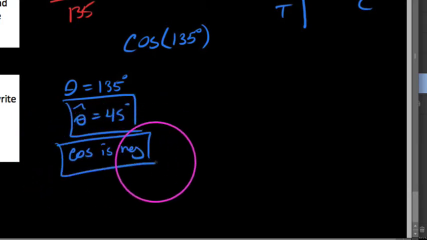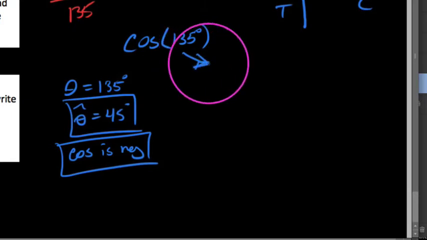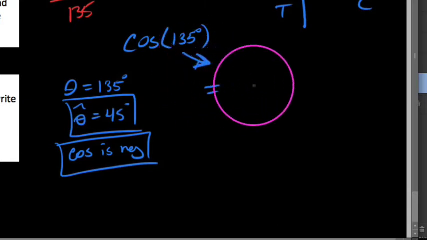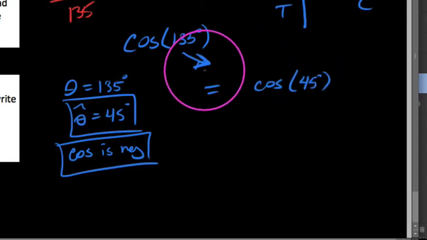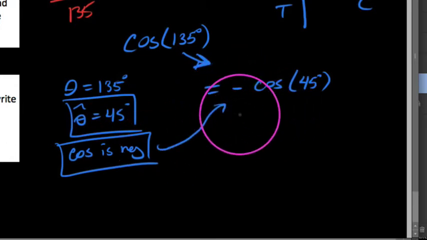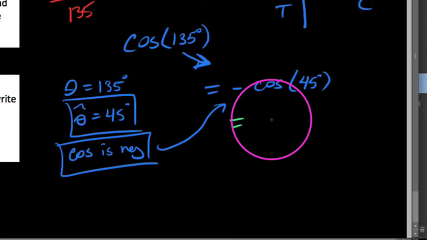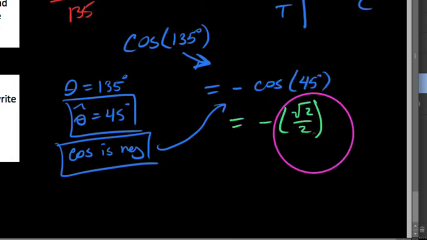So we shall rewrite this in terms of its reference angle. It'd be the same thing as the cosine of 45, its reference angle, and it would be negative because cosine is negative here. So we say negative cosine 45. And anybody who's studying trig should know that the cosine of 45 is radical 2 over 2.